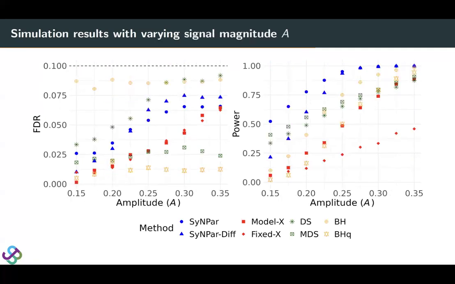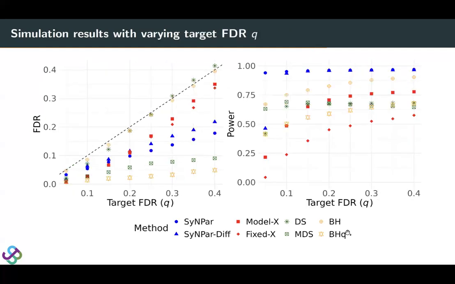The second thing is the signal amplitude. With all the methods controlling FDR, we can see that SyNPar, especially the SyNPar default version, has the highest power compared to Model X, Fixed X knockoff, data splitting, and BH. Finally, we change the target FDR to check whether the FDR is consistently controlled, yes, and also compare the powers.